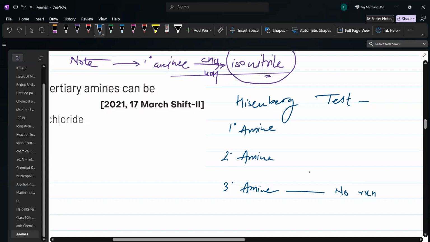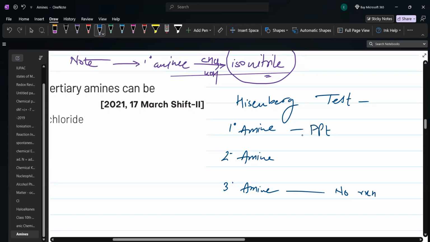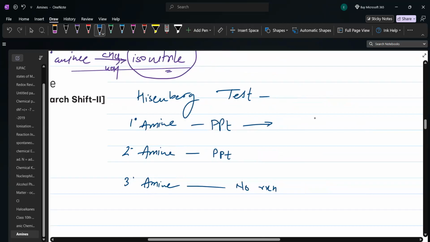With 1 degree amine, PPT will form. With 2 degree amine also PPT will form. But how to differentiate between 1 degree and 2 degree amine? This PPT is dissolvable in NaOH, and this PPT is insoluble in NaOH, and 3 degree amine does not react with this.